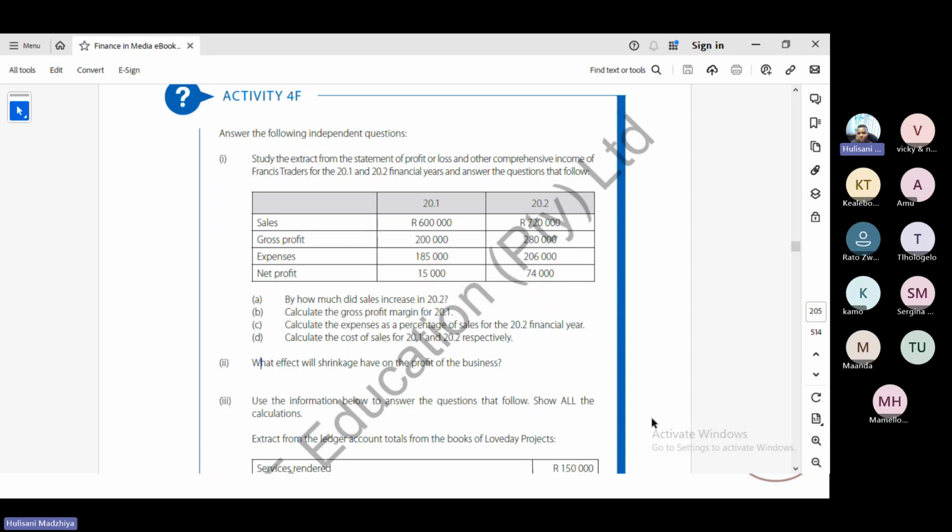So calculate how much the 120 is in terms of percentage format. For all those who wrote 120 on number A, it is correct, but please right now try to calculate it in percentage format. How much is the increase in percentage format?